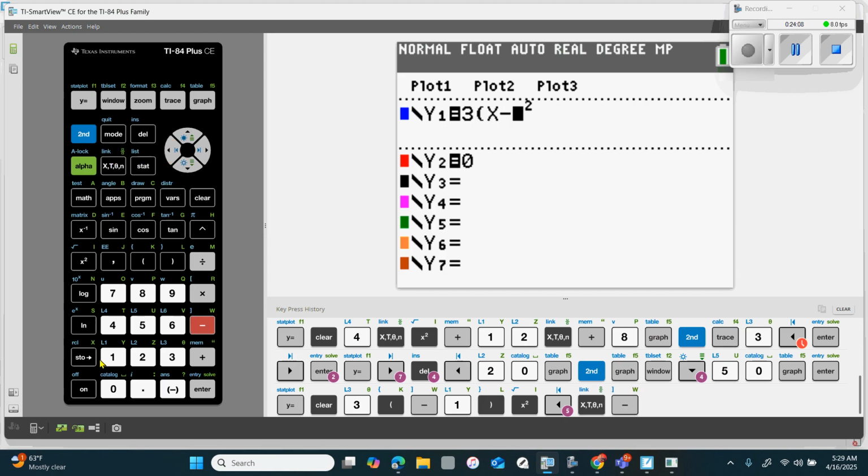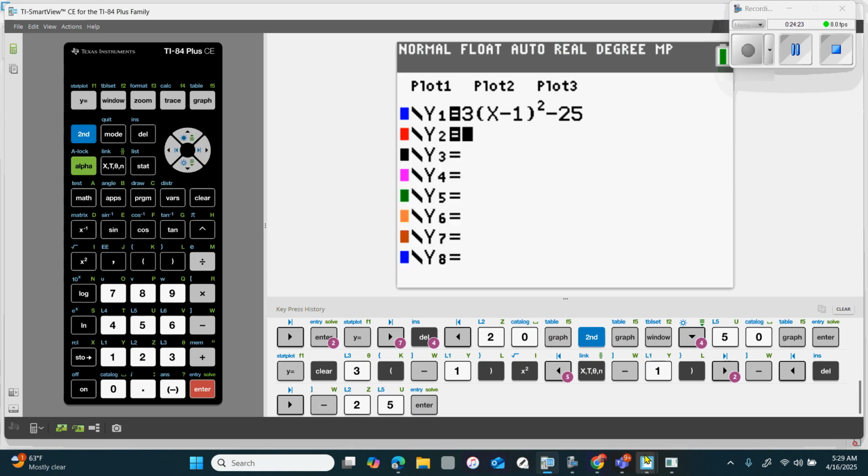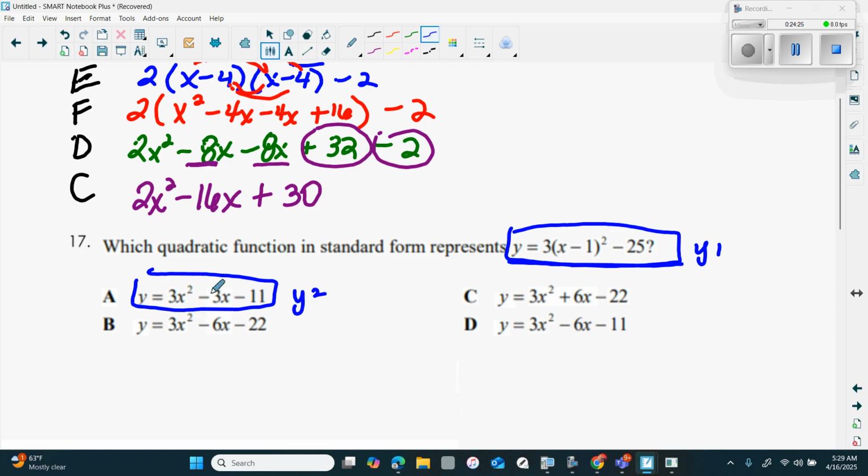X minus 1 parentheses squared. And then minus 25. And then now in y2, I'm putting in the answer choice to check. We had the standard form here, 3x squared minus 3x minus 11.